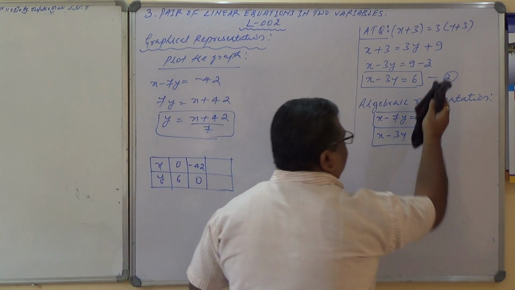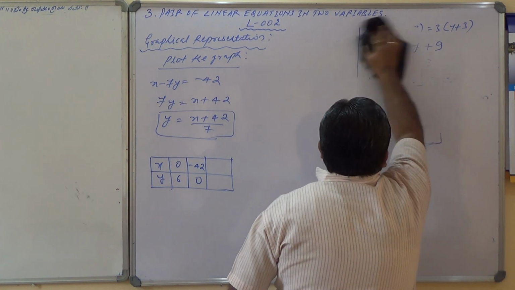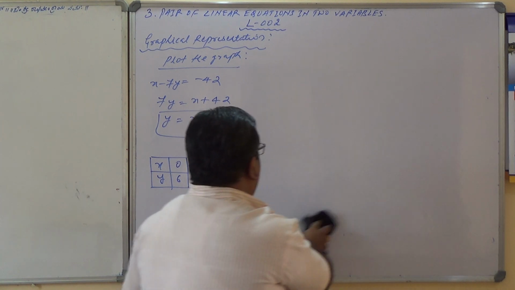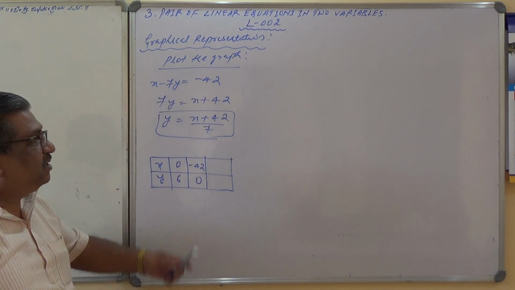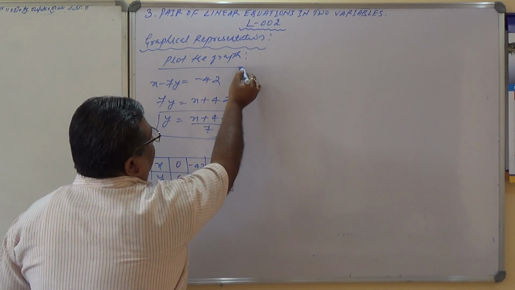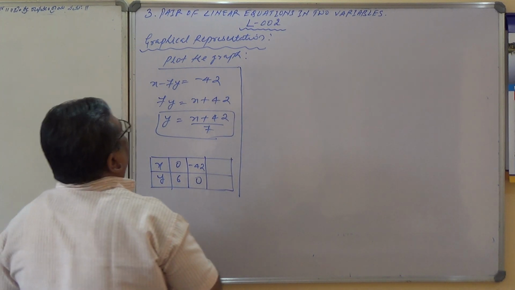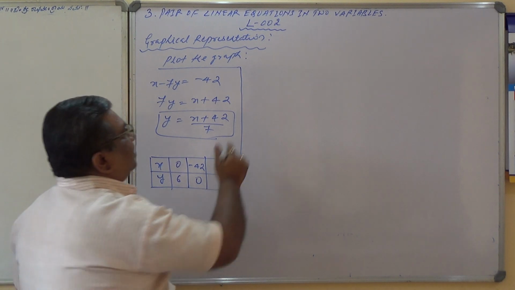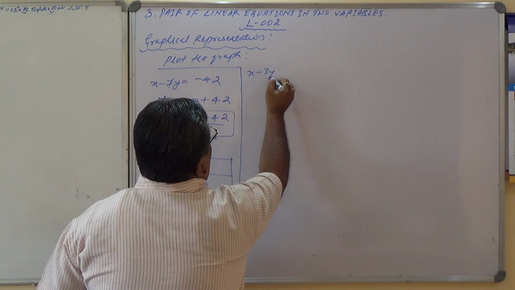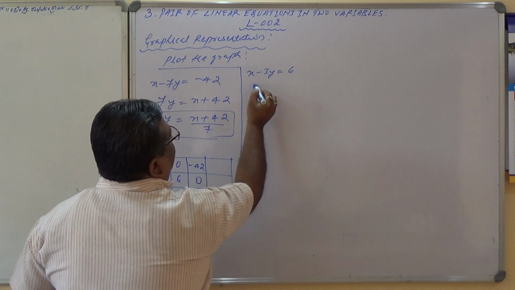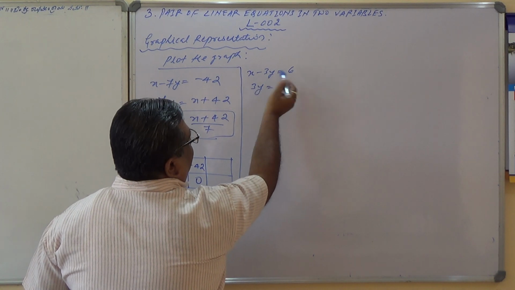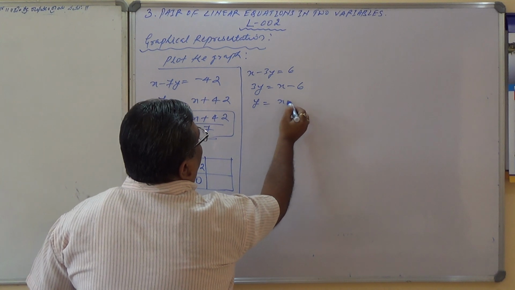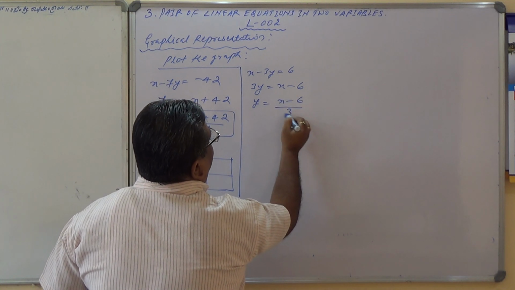I think I can erase this part. Before we plot, let me prepare the truth table for the next equation also. The other equation is x minus 3y equals 6. So 3y equals x minus 6, y equals x minus 6 divided by 3.